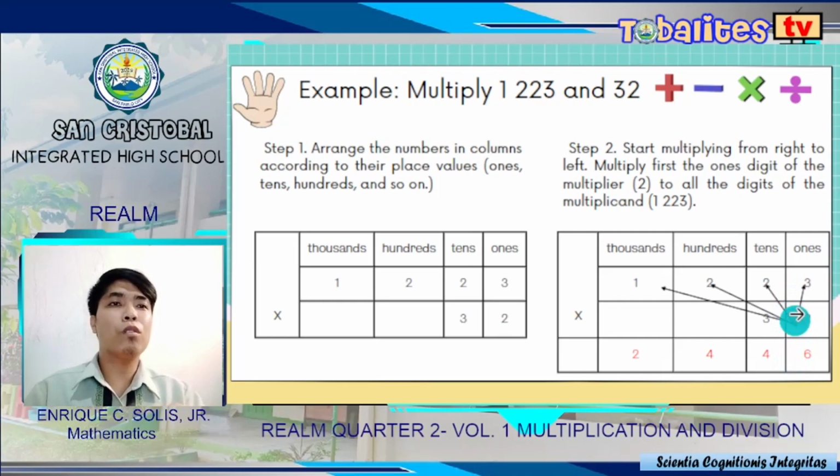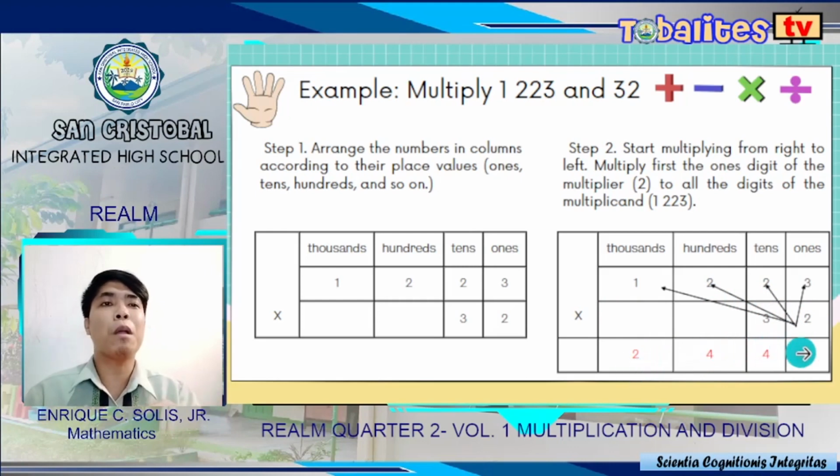Then 2 times 3 is 6. 2 times 2 is 4. 2 times 2 again is 4, and then 2 times 1 is 2. After multiplying the ones digit, you will get the first partial product, which is 2,446. We call it a partial product.